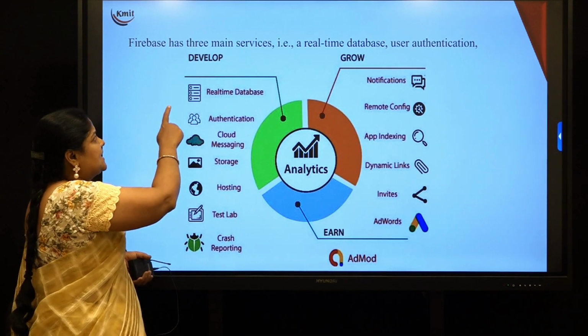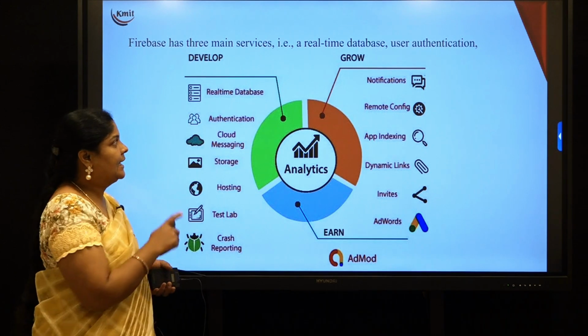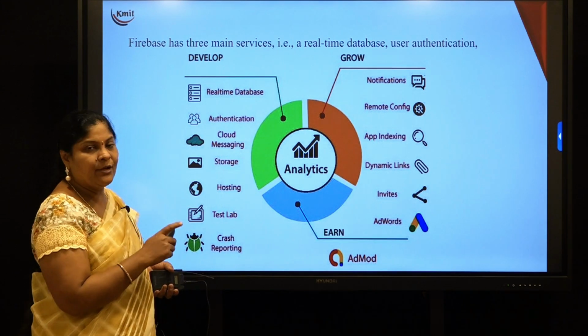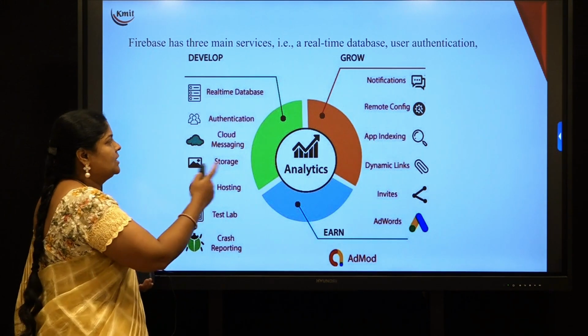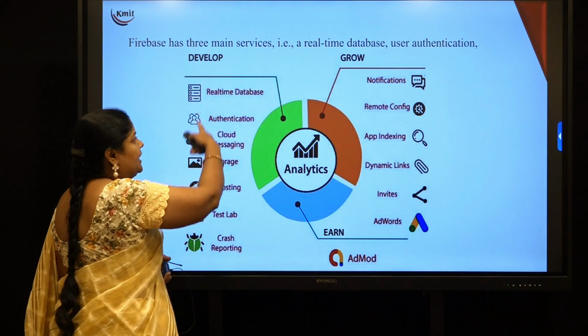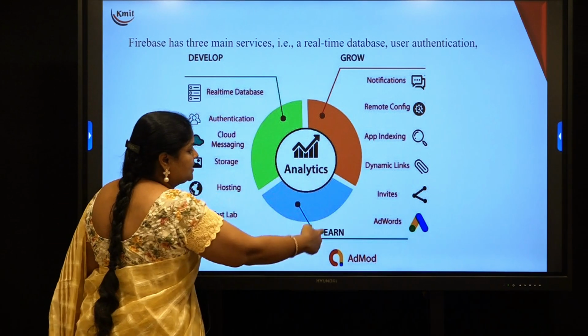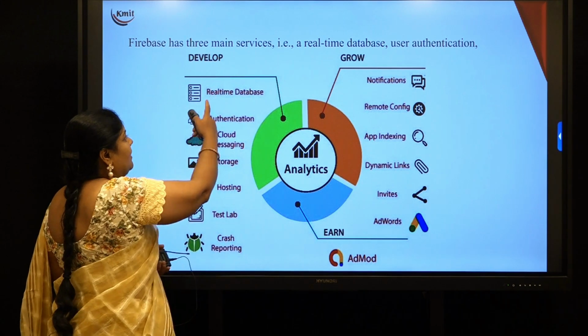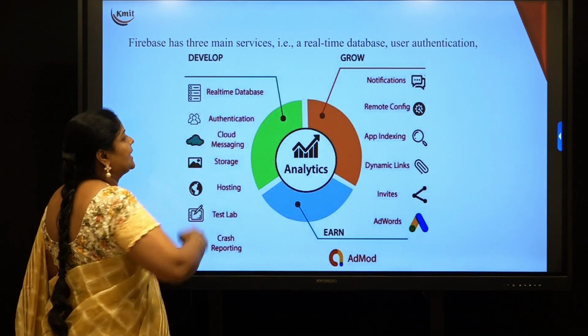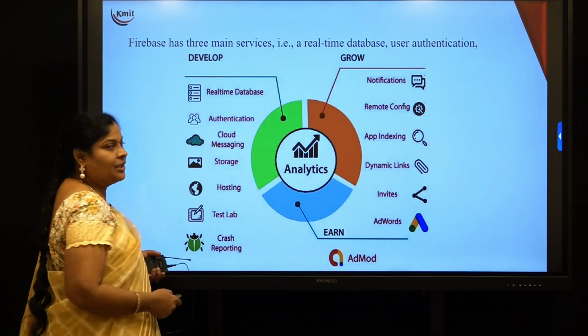So here Firebase has three main services: real-time database, user authentication, and hosting. These are the three different ways where you can develop things, you can grow things, and you can also earn money using this cloud. The developing part here is, it is a real-time database, and it is having authentication.